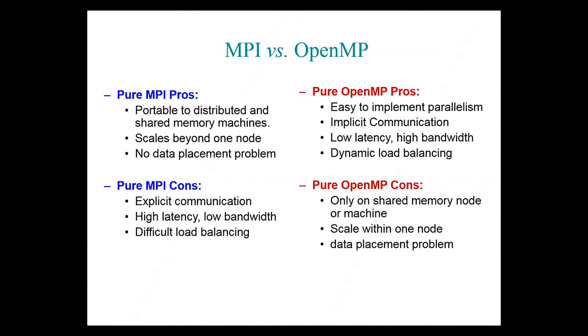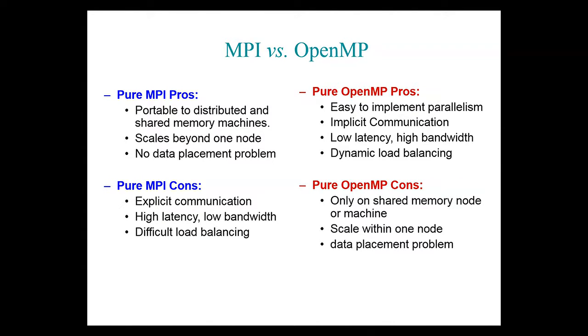A good MPI code can run on any type of multi-core machine, whether it's distributed or shared memory. And it scales beyond nodes, because you want to run your code at a big scale and use as many CPUs as possible, so you can use CPUs on different nodes. Sometimes it can scale very big.